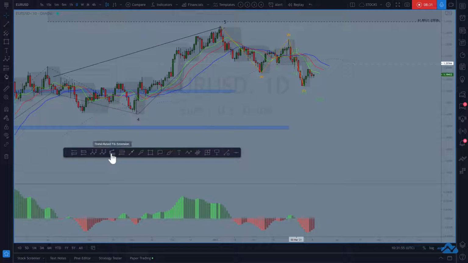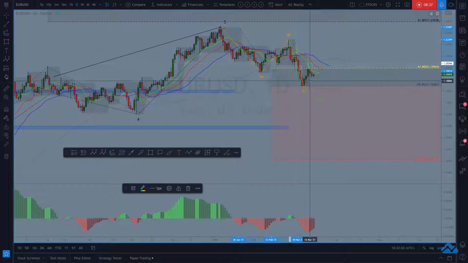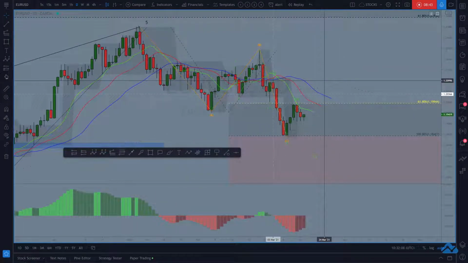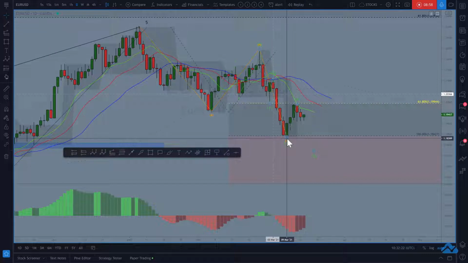It is because the law of the ABCs is that when you put a fib expansion on it, look at that, I had not done this, and if you guys are doing it, those of you who are doing it, you would have a smile on your face as well, is that A is equal to C. In most cases, the length of wave A down will be equal to the length of the C down.